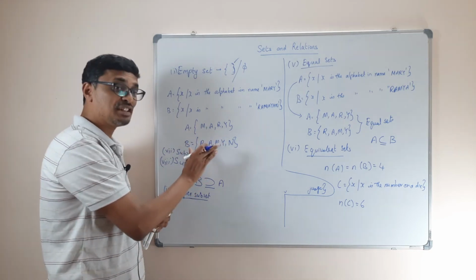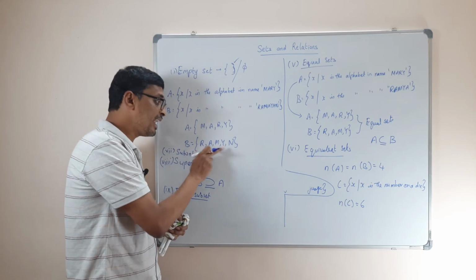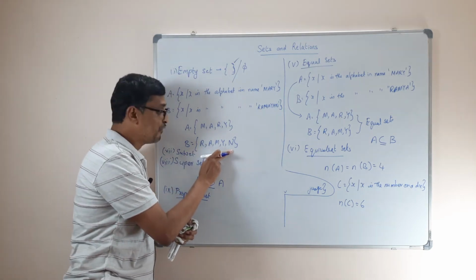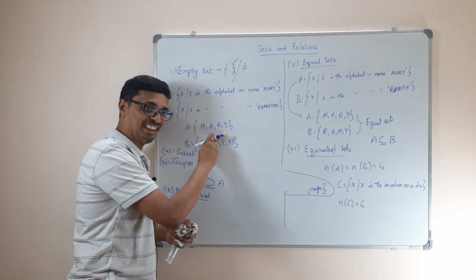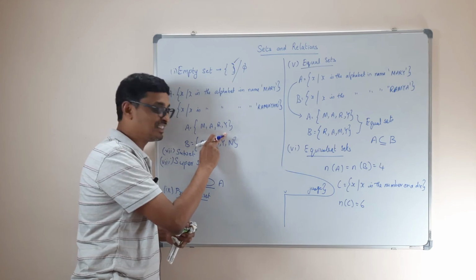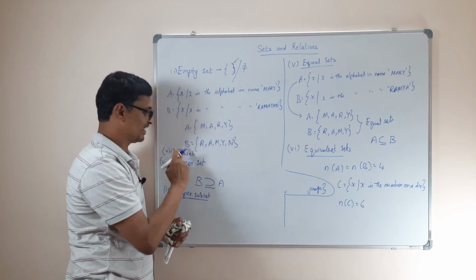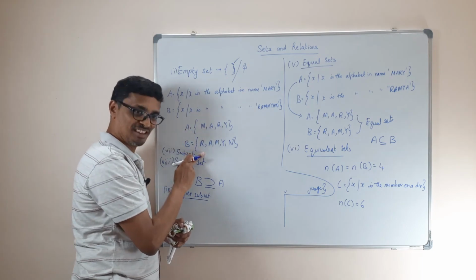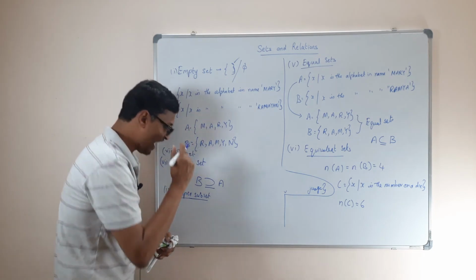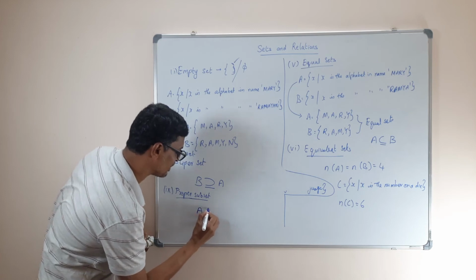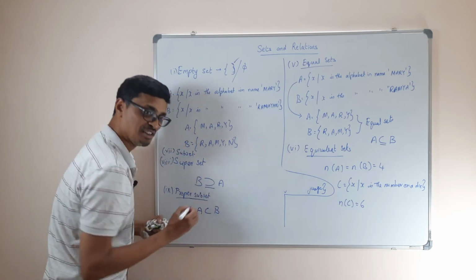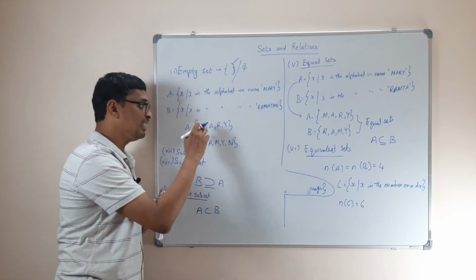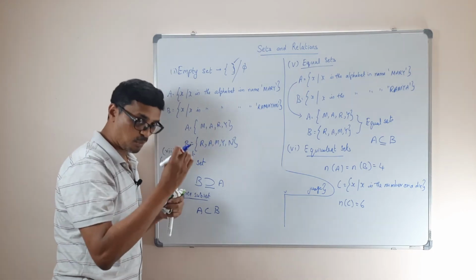Now there should be at least one element in B which is not an element of A. Then you call this combination: A is a proper subset of B, because all elements of B are not in A, at least one.